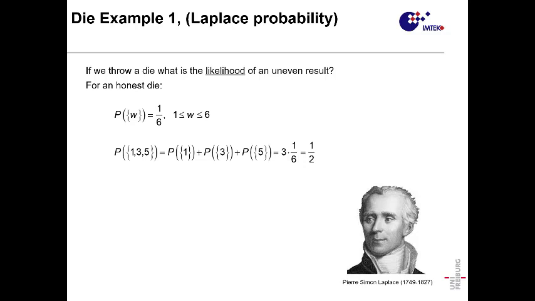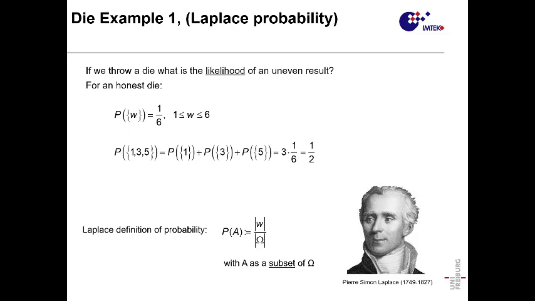So what is this telling you? It's telling you that you have to count the possible results that give you an even result over all the results that could happen. And that is what Laplace defines as probability: the ratio between all the possible events that you're looking at over all the possible events that could happen.